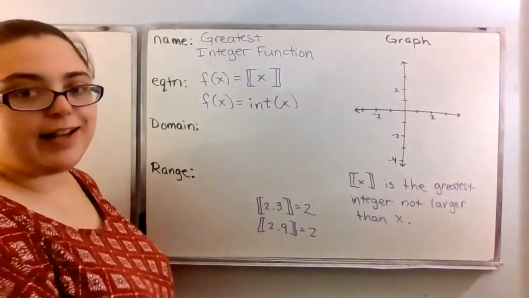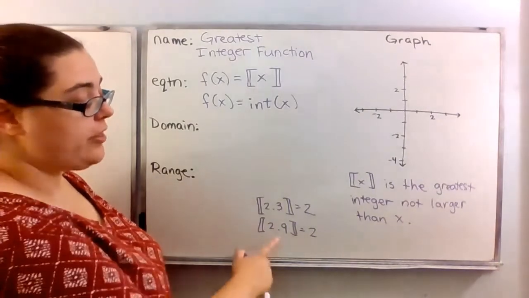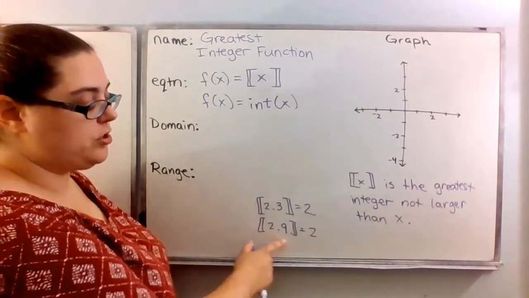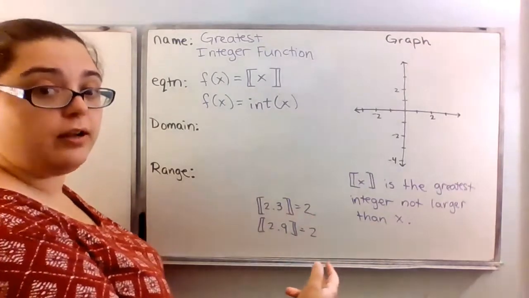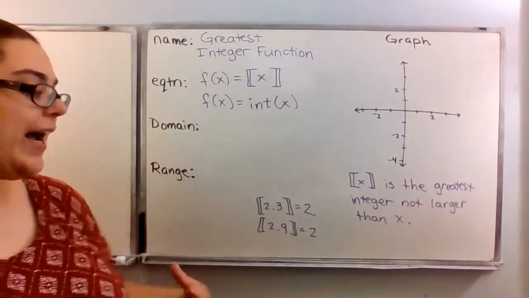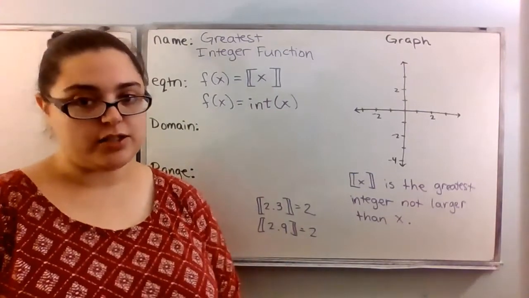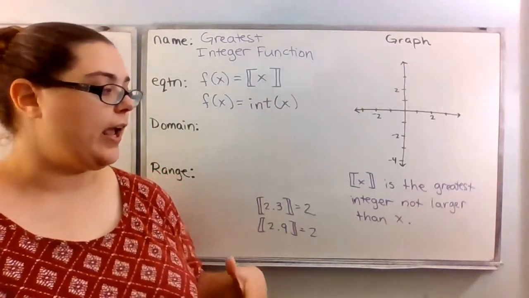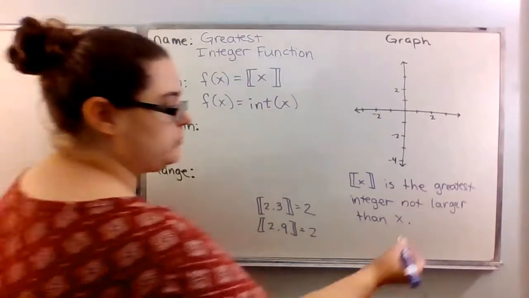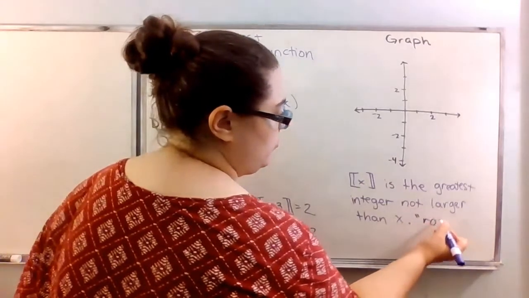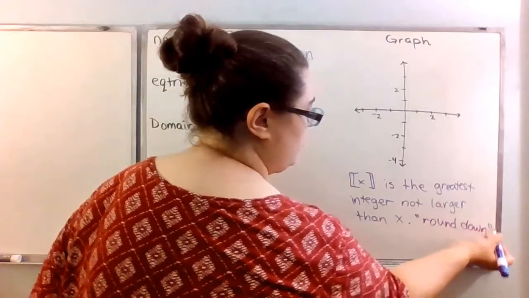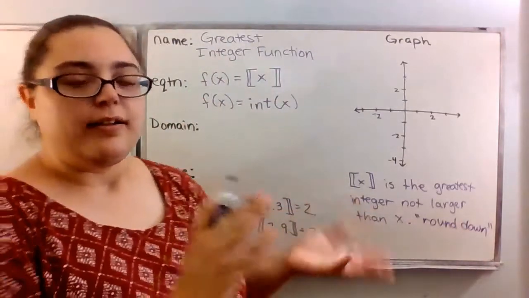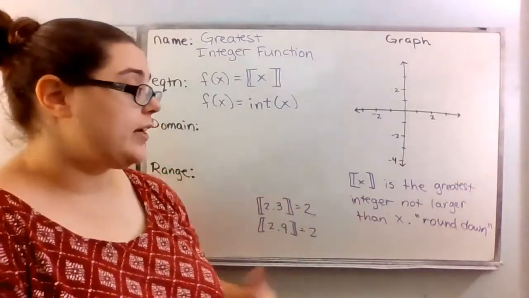So notice this is not a closest integer function. 3 is an integer that's closer to 2.9 than 2 is, but 3 is larger than 2.9. So you can kind of think of the greatest integer function like a rounding down function. For positives. Okay, we'll get to negatives in a moment.